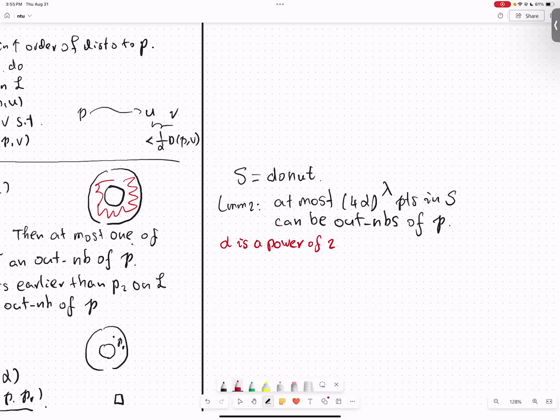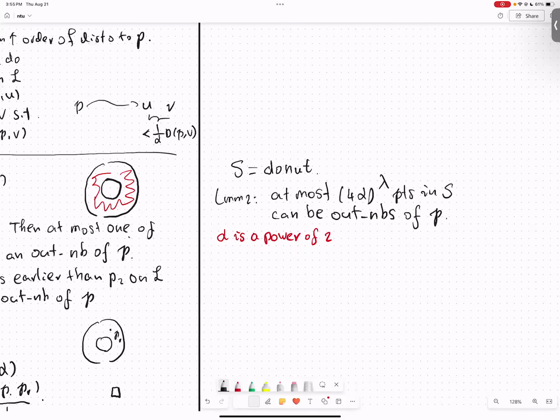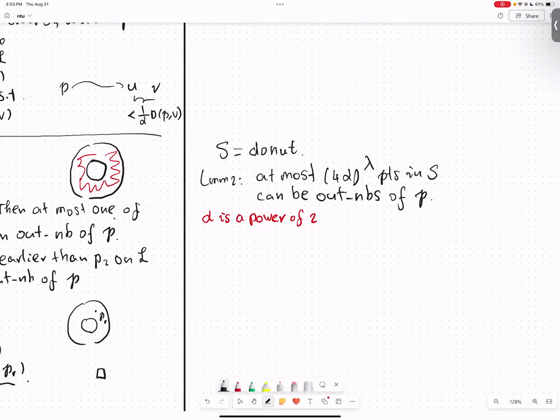So I'm going to reason as follows. I want to look at this t being 4 alpha. Still remember I said think about the gem given to us by doubling dimension, right? It says t to the power of lambda, that's the number of balls, and in turn, the radius will be r over t. Now this t is a power of 2, isn't it? Alpha is a power of 2 and 4 is a power of 2. So t is a power of 2.